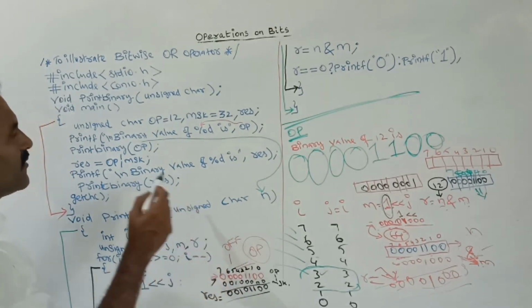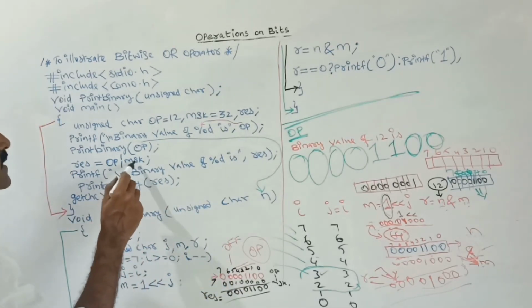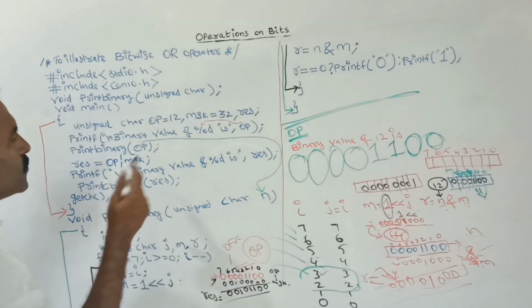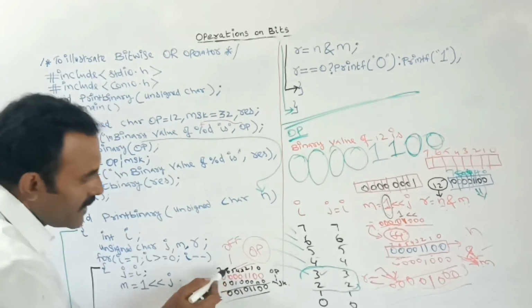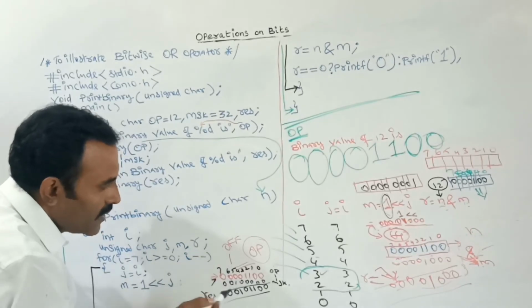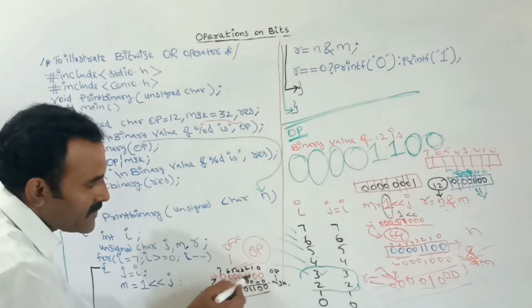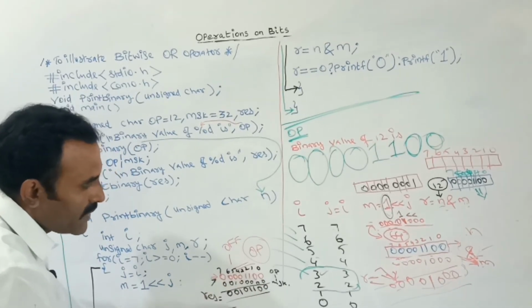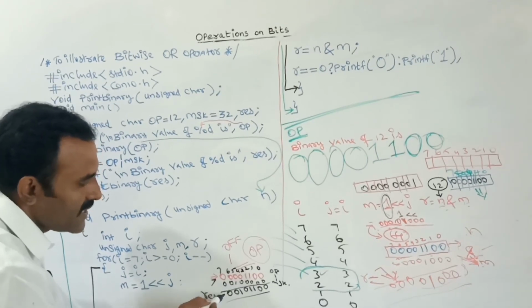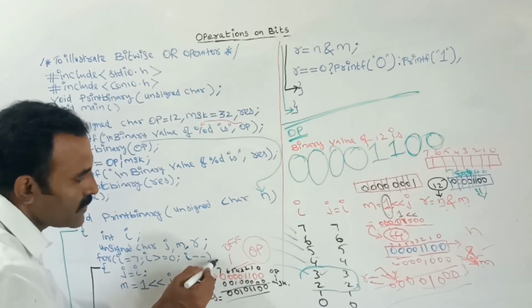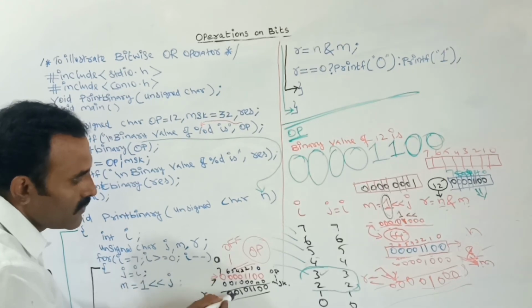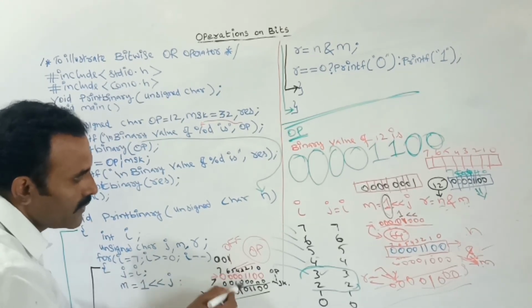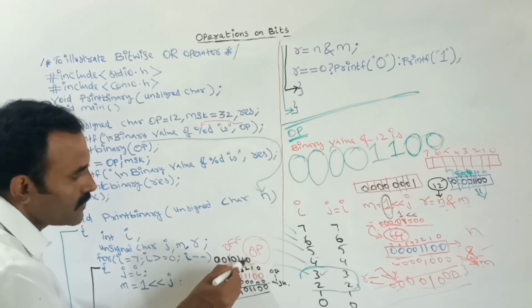The main thing is that I am turning on the fifth position of this operand. The fifth position is off, but after applying this mask value with the OR operator, this is the result. You see the result here: first 0, next 1, next 0, next 1 1, 0 0.